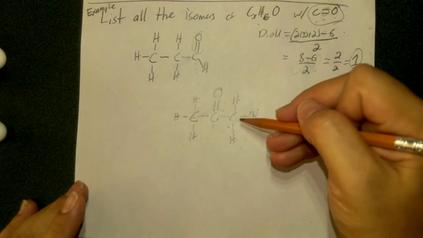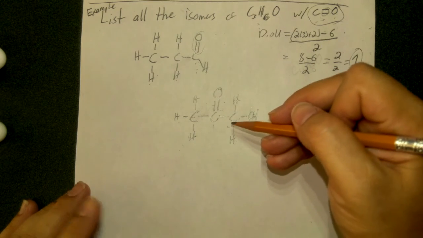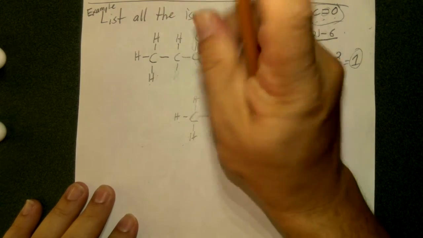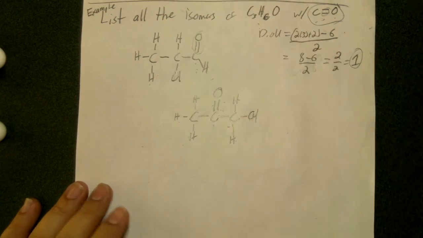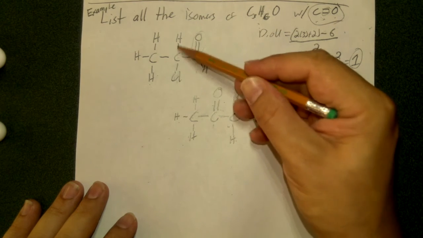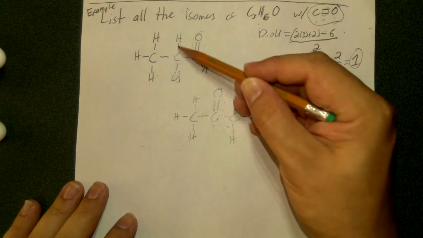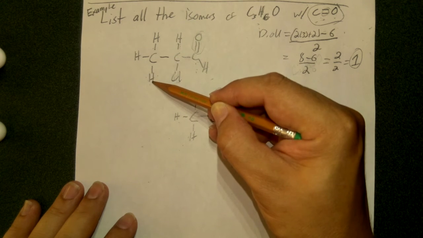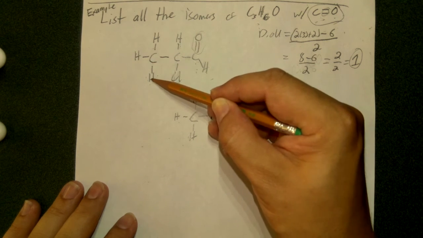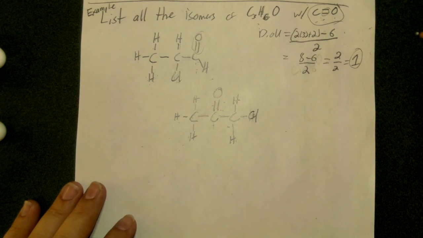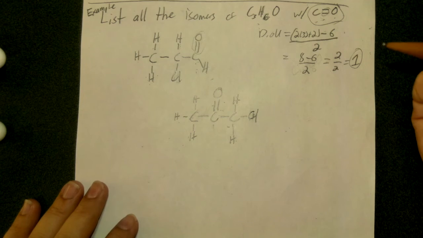I challenge you at home to maybe build the model kit and test it for yourself. Now, if we had a chlorine in this structure, there are some other possibilities. The chlorine could be on this carbon. In either of these positions, it would be the same structural isomer, or it could be on this carbon, and that would be a different isomer. Whether you put it here, here, or here isn't really going to affect the structural or constitutional, as we call it, isomer.